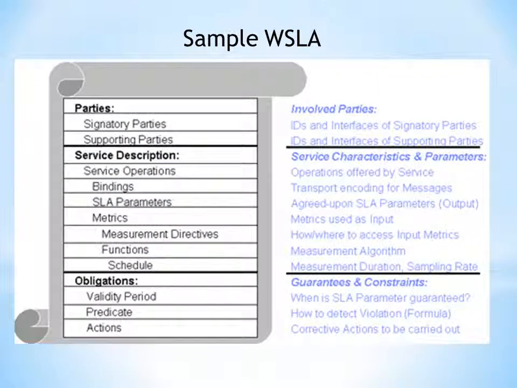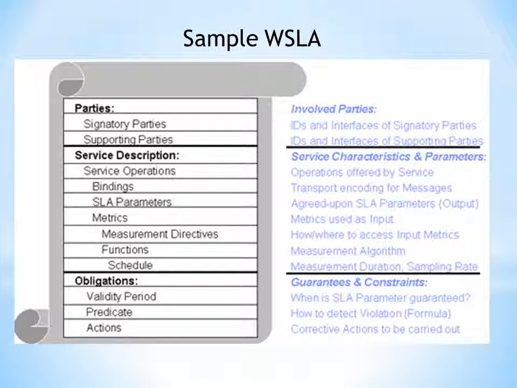And here's a sample web service level agreement between two parties. This is basically how it's structured. The first part would have the involved parties, which would be the ID, maybe IP address of the signatory parties. They would define any supporting parties underneath, and then it would go on to describe the service.